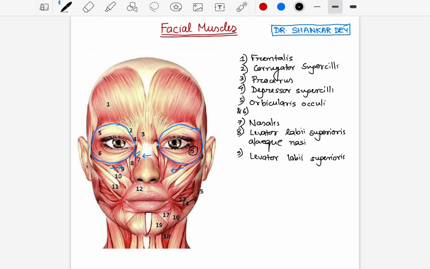Number 9 is attached only to the upper lip.